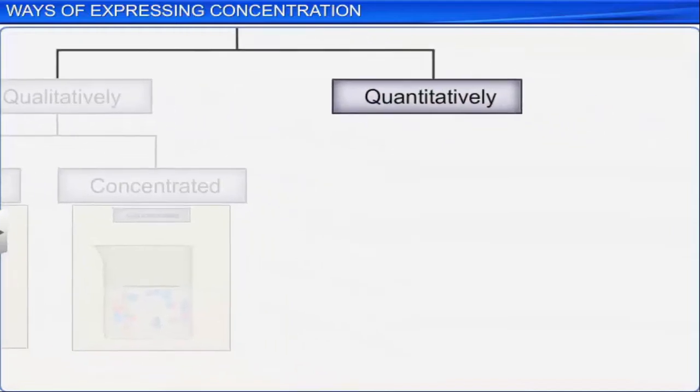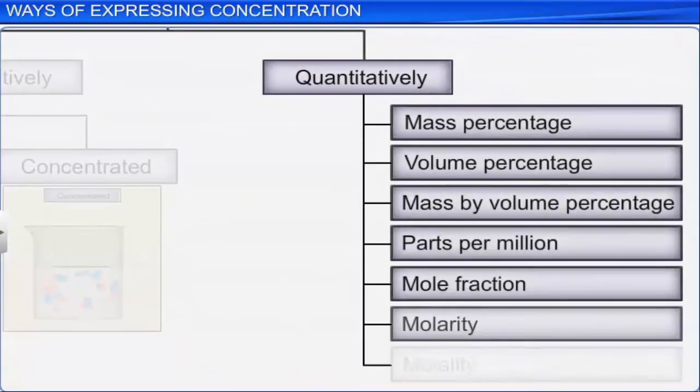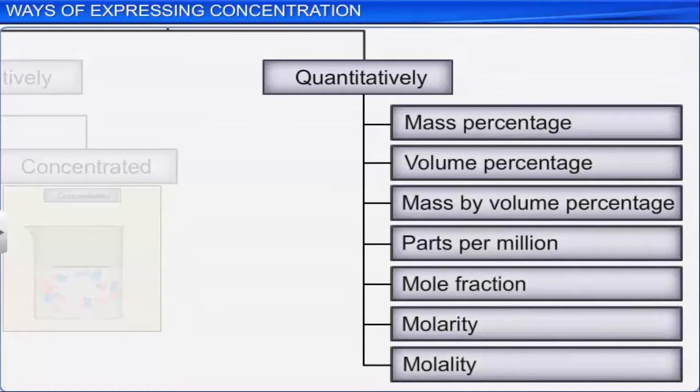Quantitatively, the concentration of a solution can be described in several ways. These methods are mass percentage, volume percentage, mass by volume percentage, parts per million, mole fraction, molarity, molality.